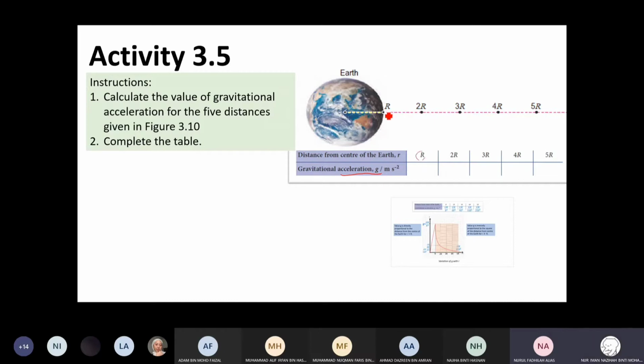So let's say we have an object here. What is the expression of the gravitational acceleration?